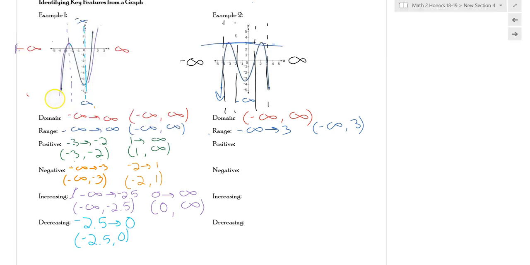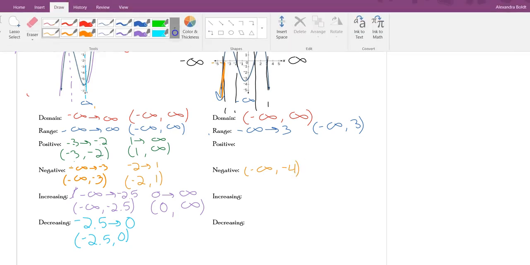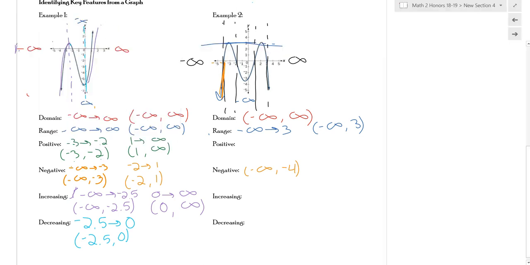So our first one, negative infinity, to our first one, negative 4. This part of the graph is below, so that's negative. So it's going from negative infinity to negative 4. Our next part of our graph is starting at negative 4 and going till negative 2. That's positive.